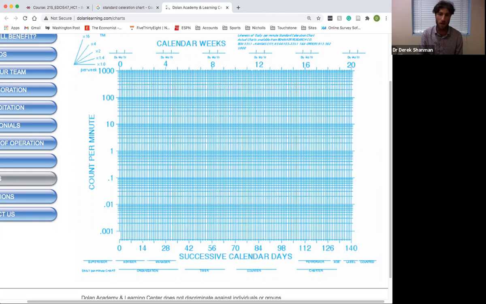Sometimes topography or magnitude is a more meaningful measure, but count is a measure that can be inherent in any observable behavior. If I can observe it, I can count it. I can count tantrums per day. I can count hits per day. I can count correct responses per day. I can count any of these behaviors that we have of interest.